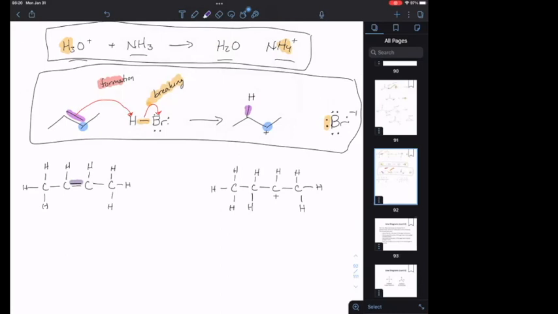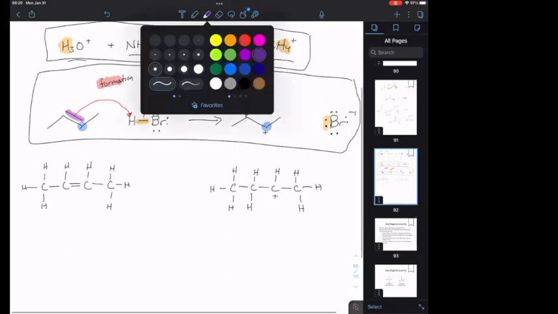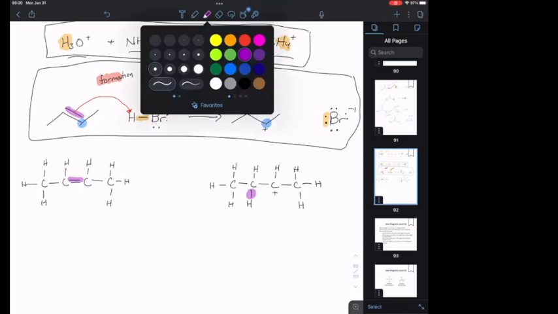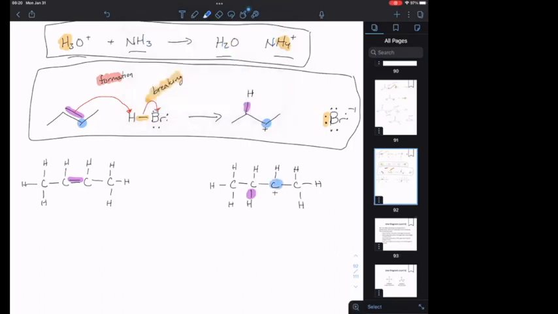I'll color it in purple down here. This has now formed this new carbon-hydrogen bond. That's what my arrows are showing. And now I have this carbon that I colored in blue that had that pair of electrons taken from it. So it's left with just 3 bonds and that positive formal charge.